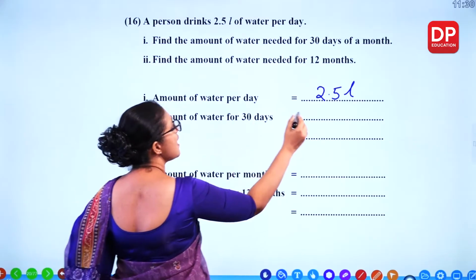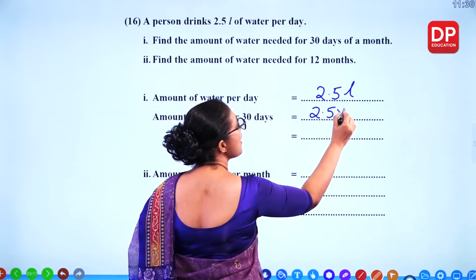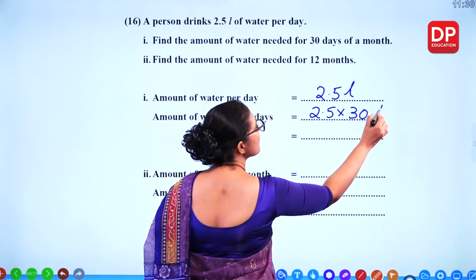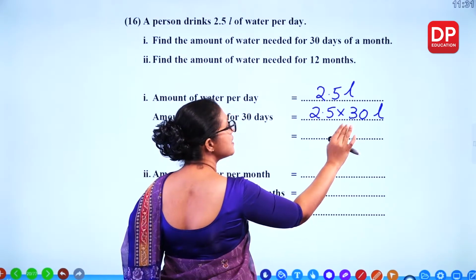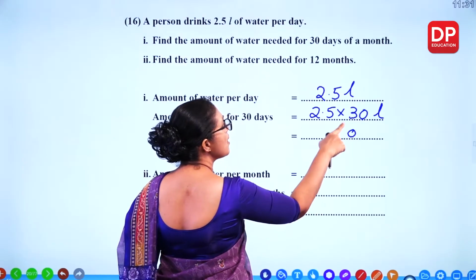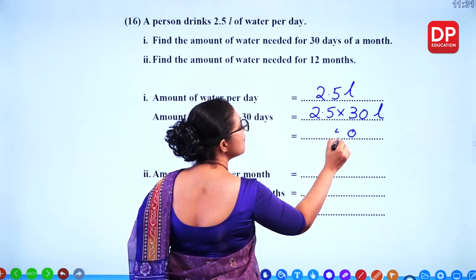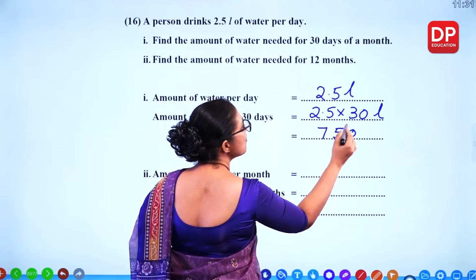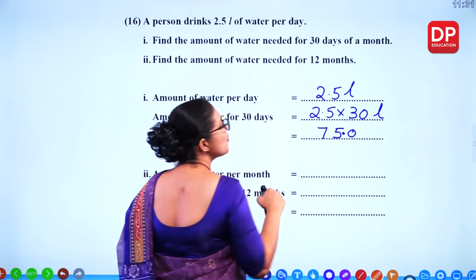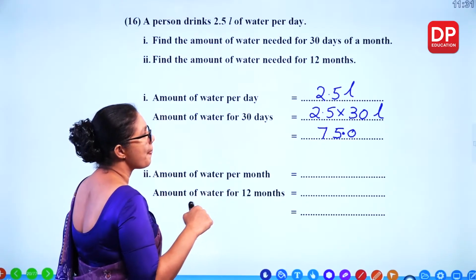So 30 days like that, you have to multiply by 30. So find the amount. First 25 times 30. Put a 0 and multiply by 3. 15. 3 times 2, 6 plus 1, 7. And put a 0. Here put a decimal point. Then what you do?